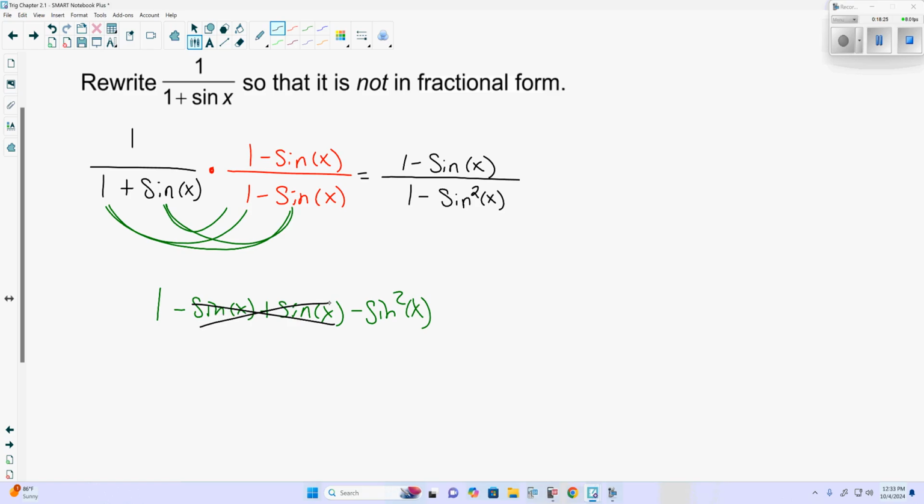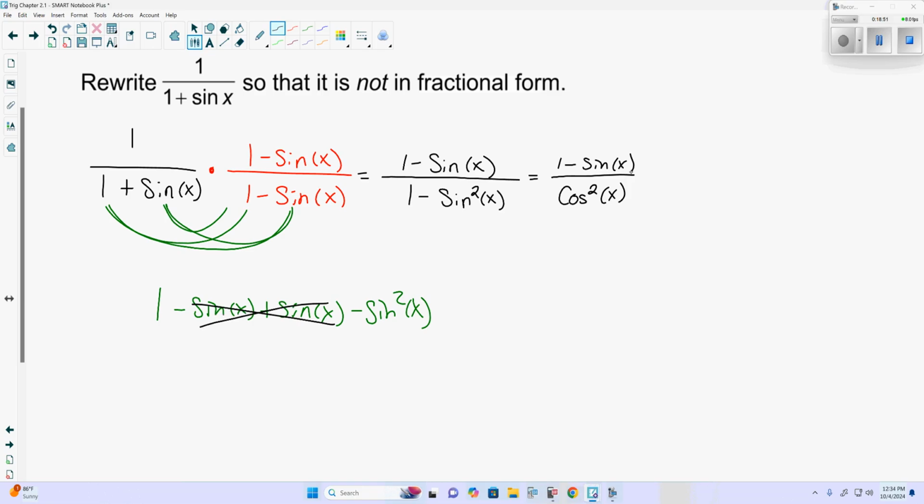But if I can turn it into 1 minus sine squared, as we just saw in the last one, this is equal to cosine squared of x. Now we have the ability to rewrite it and change it.